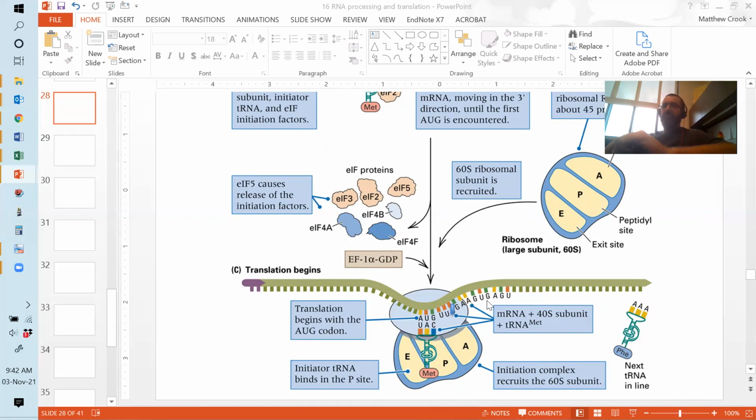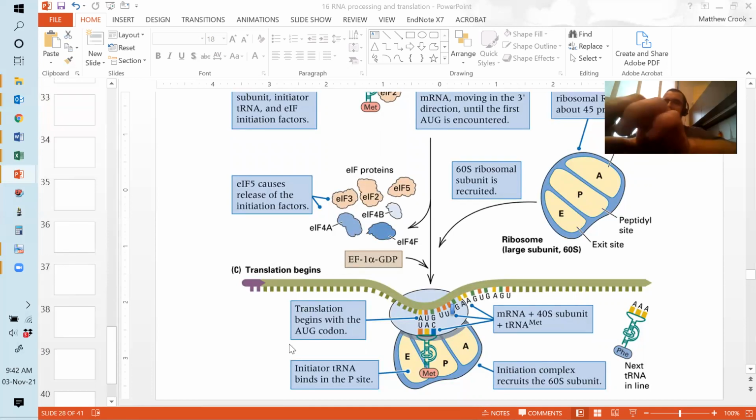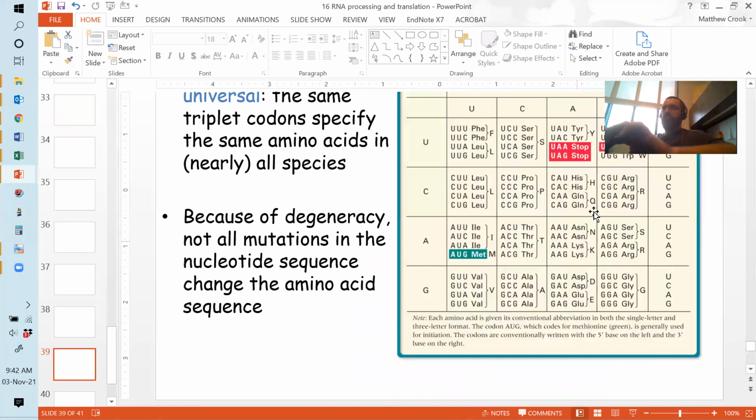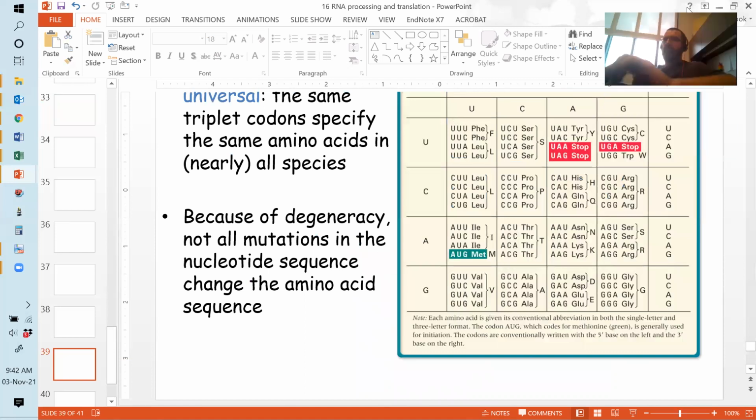It's going to be a UGA, right? And what does UGA encode? Anybody find that one for me on that genetic code chart? What amino acid does UGA encode?